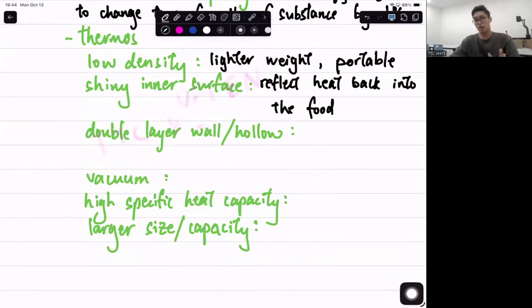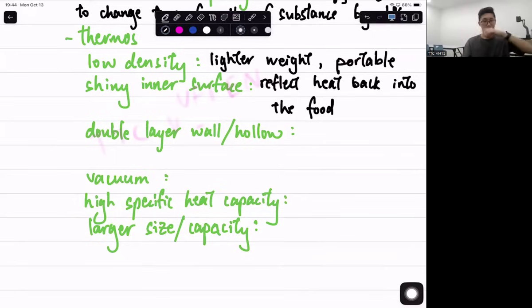They will ask, what about the walls? Do you have any suggestions for the walls or not? I will suggest to them, you can have a double layer wall, or you can have a hollow wall. Hollow means inside is empty. Your wall has air in between.